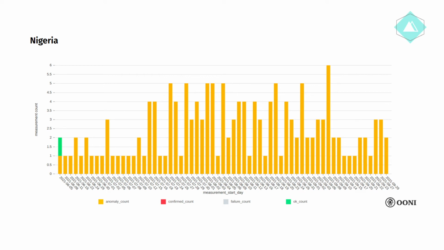This chart provides an aggregate view of all OONI measurements pertaining to the testing of Twitter.com in Nigeria between June to September 2021. What we can clearly see is that almost all measurements are anomalous, as annotated in orange, during this period, providing a strong signal of censorship.